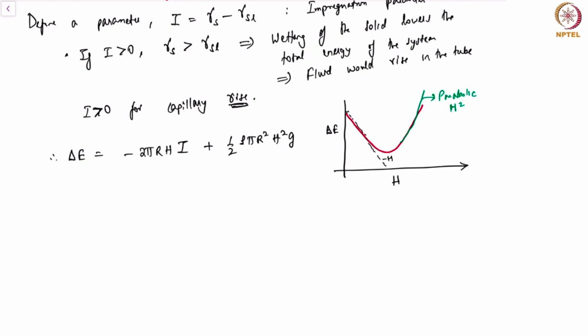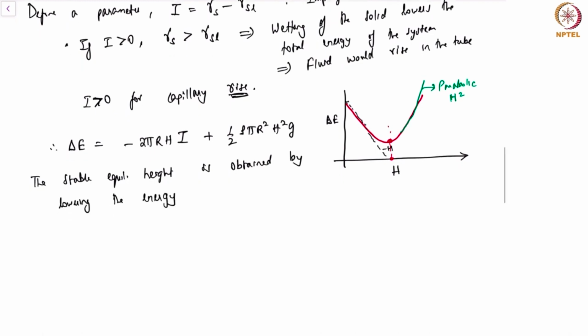So clearly there is a minimum that you can expect. There is a special h, and the stable equilibrium height is obtained by minimizing the energy.